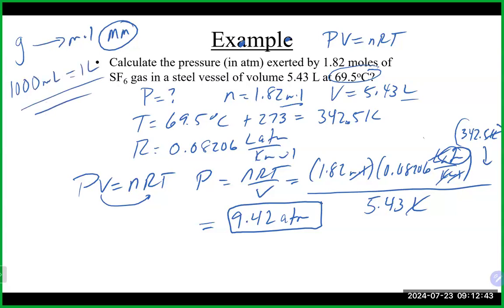A lot of times you're given the volume in milliliters and you need to convert it to liters. We didn't need to do it in this problem, but those are two spots where you very commonly need to do some conversions before you go into the ideal gas law. Any questions on that there?